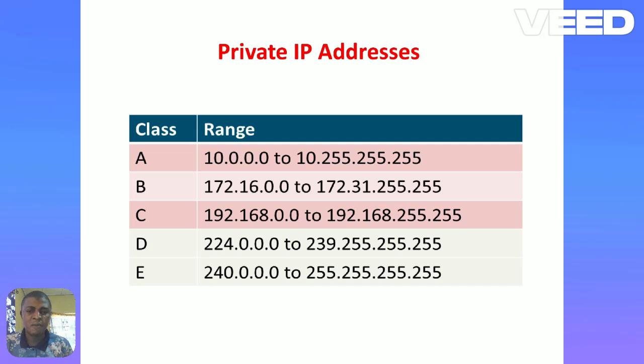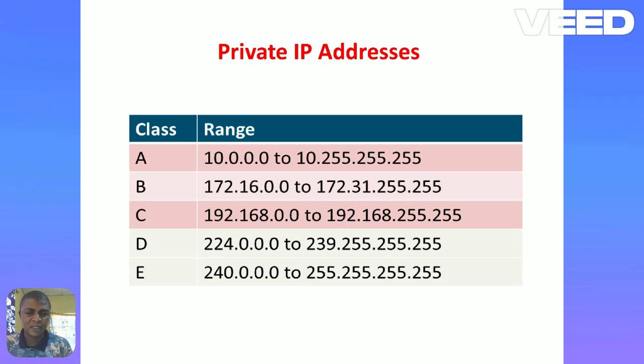So we have the private IP address, which has ranges or classes of IP address under the private. We have the class A, which starts from 10.0.0.0 to 10.255.255.255. We have the class B, which is 172.16.0.0 to 172.31.255.255.